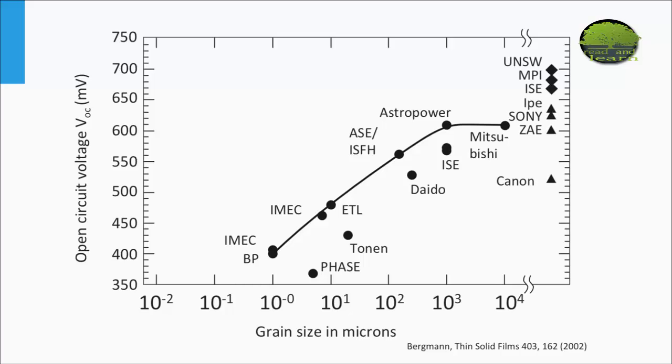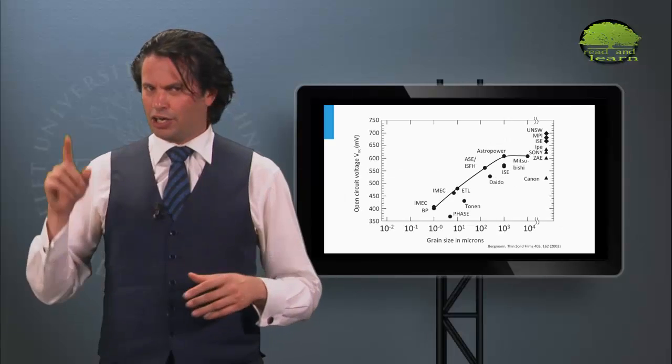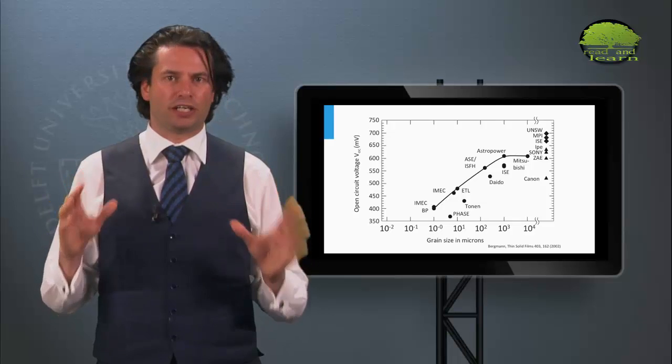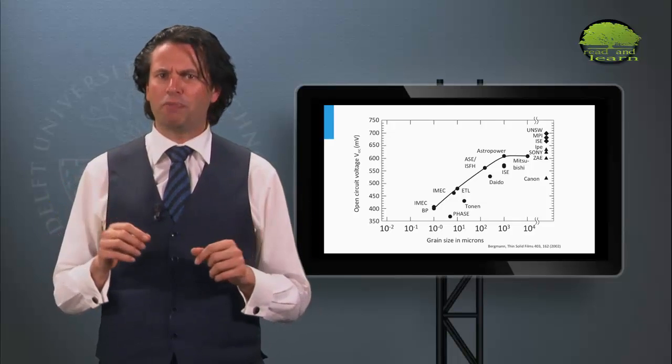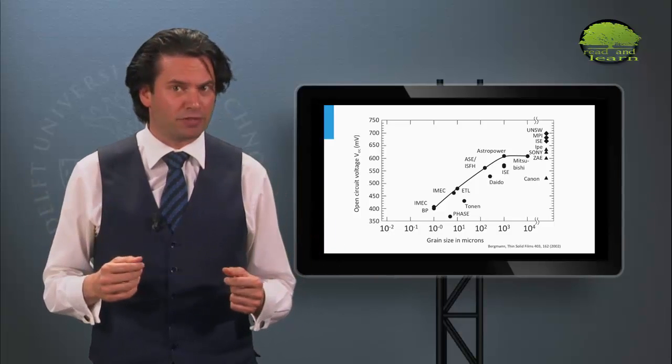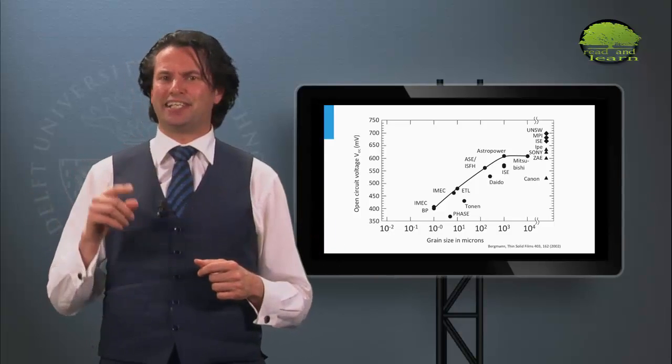On the right you see the open circuit voltages of various solar cells based on monocrystalline silicon wafers. As monocrystalline silicon has no grain boundary, much larger open circuit voltages can be obtained. The question now is, how do we make these types of silicon wafers? How do we make monocrystalline and how do we make multicrystalline wafers? We will discuss that in the next block.